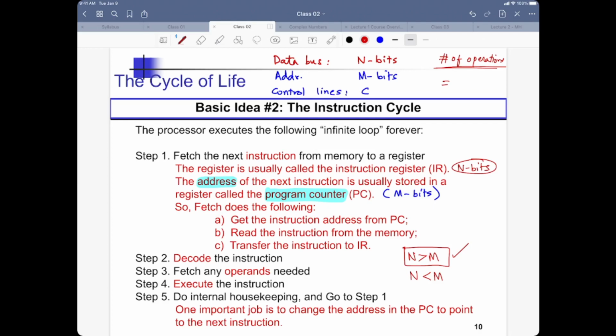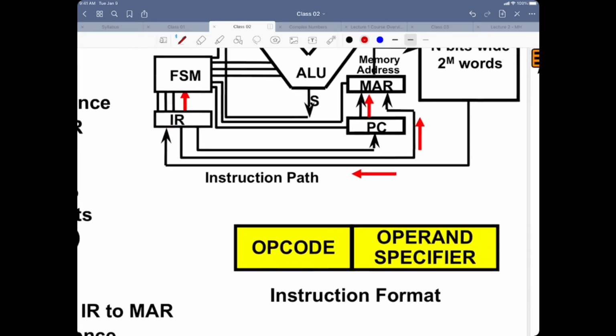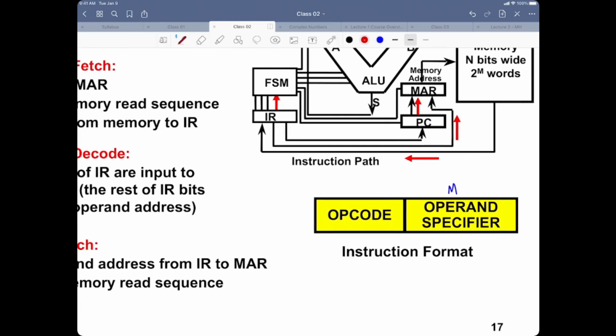All right, let me go back here. Operand specifier, I said that was M, right? Because it was an address. The whole thing was M. All right.